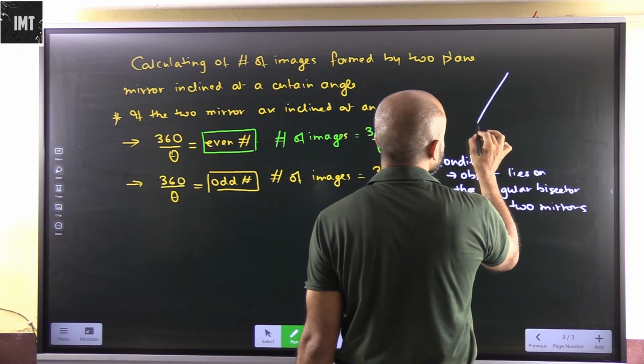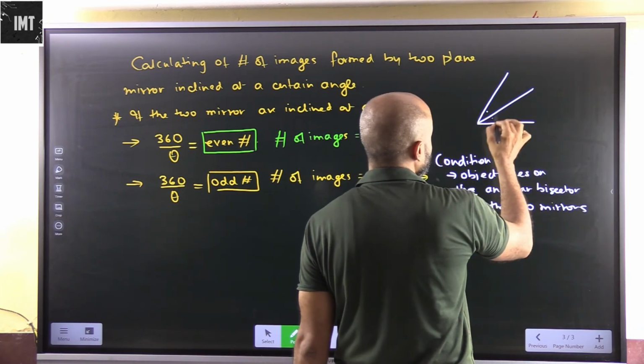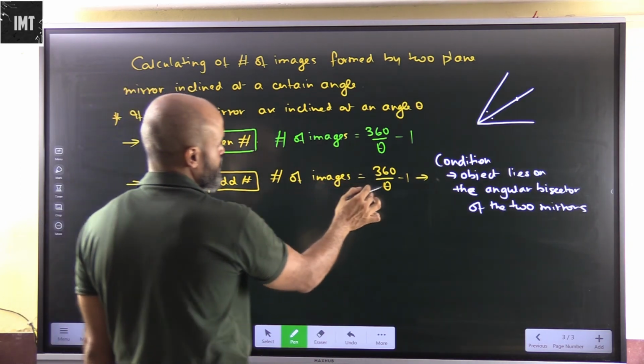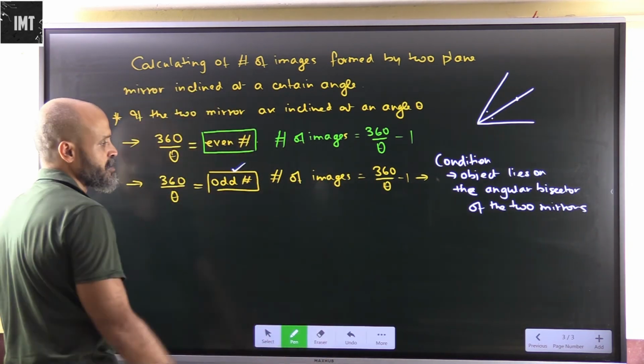Angular bisector means that, let's say these are two mirrors and the object lies somewhere here on the angular bisector, then it will be 360 by theta minus 1 if this happens to be an odd number.